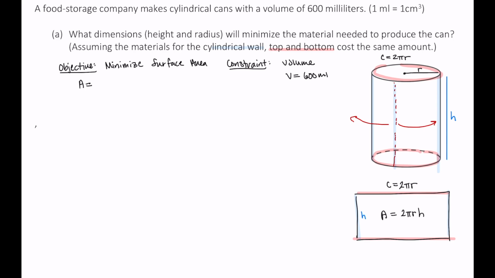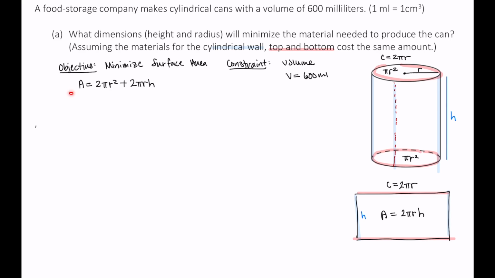Well, the top and bottom are both a circle, and as such, their area is just pi R squared. And remember, I have two of these. So I need to add up 2 pi R squared plus 2 pi RH. So that gives me a surface area of 2 pi R squared plus 2 pi RH.